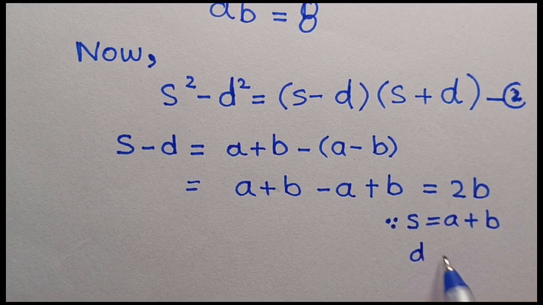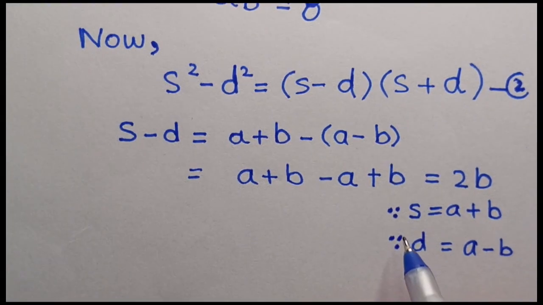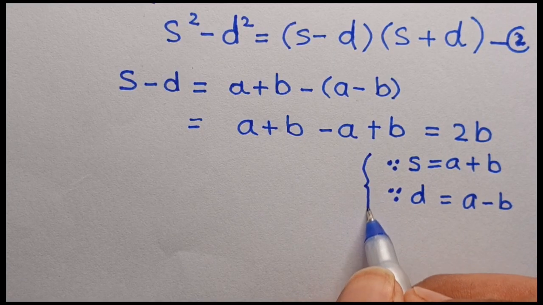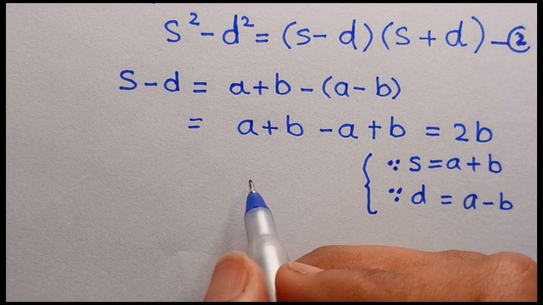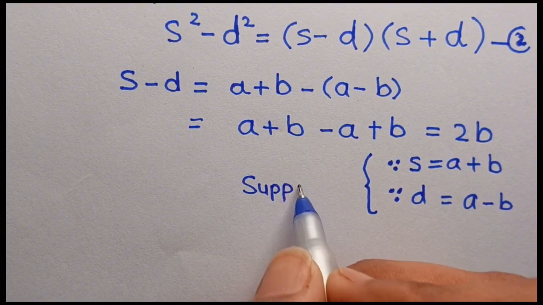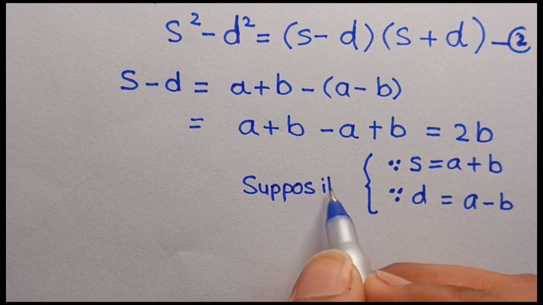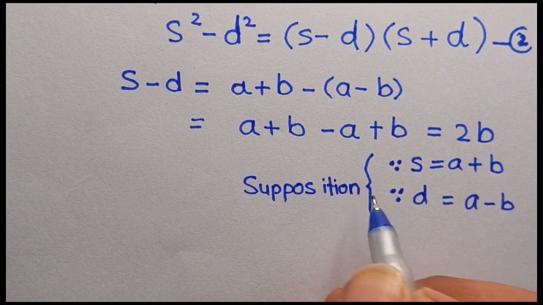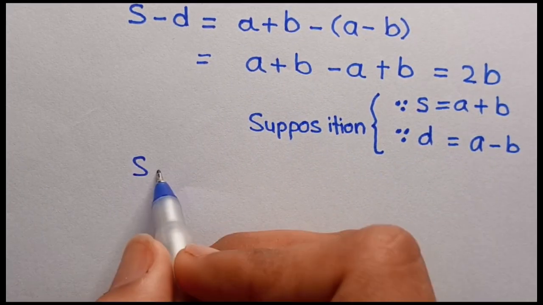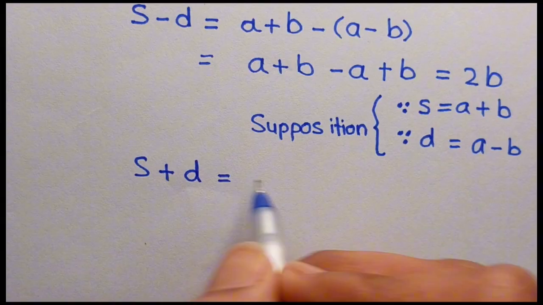S is equal to a plus b and d is equal to a minus b are all our suppositions, that a plus b is equal to s and a minus b is equal to d. Now we will find the value of s plus d.